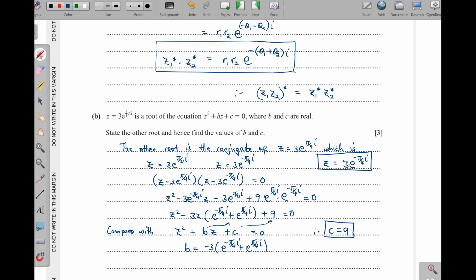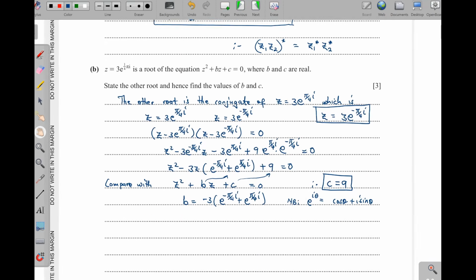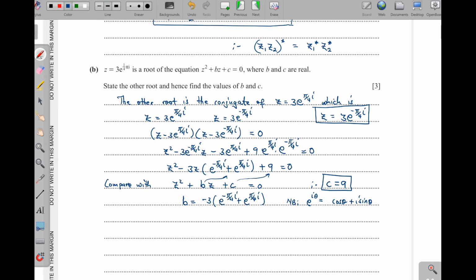Now, we know that, if I can say, e to the power of i theta, this exponential in the polar form, it is going to be cosine of theta, then plus i sine of theta. So if I put it here, what are we going to have? This b is going to be negative 3 into, we have cosine of negative pi over 4.